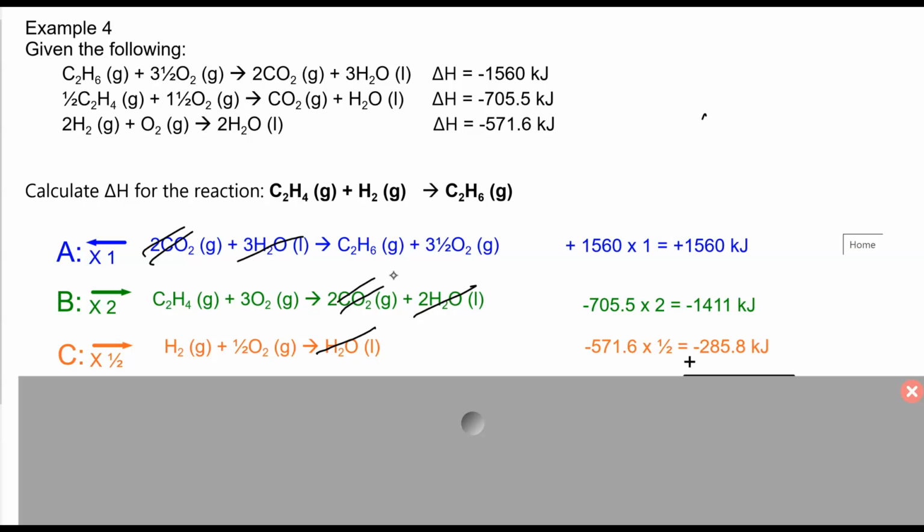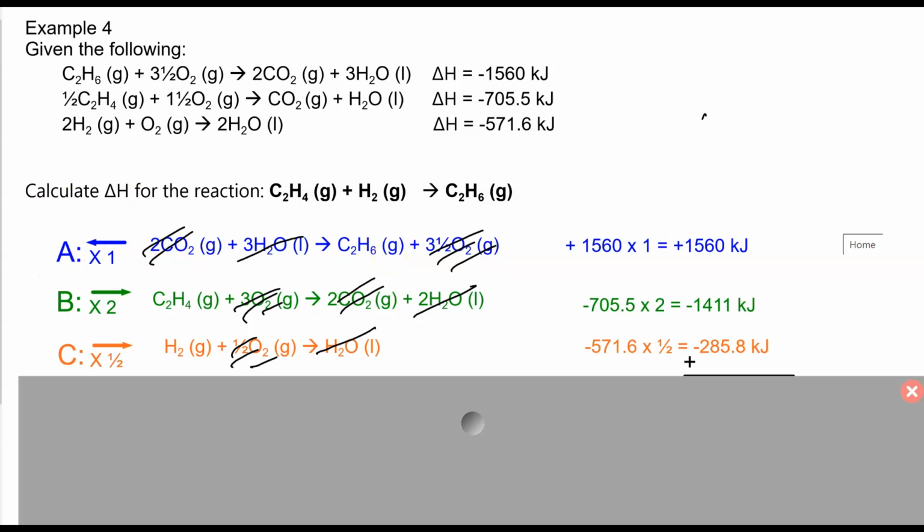And then I'm looking to see what I need to do with my oxygens. I need my oxygens to disappear. I have 3.5 on this side and 3.5 on this side, so they disappear, leaving me with what I need. As a reactant, I have C2H4 gas and H2 gas going to C2H6 gas. So I know I've done that part right.